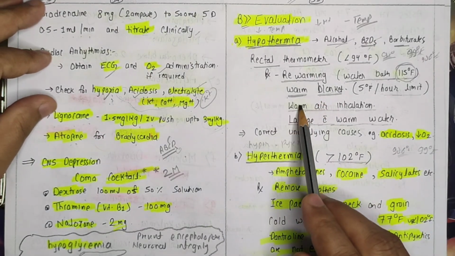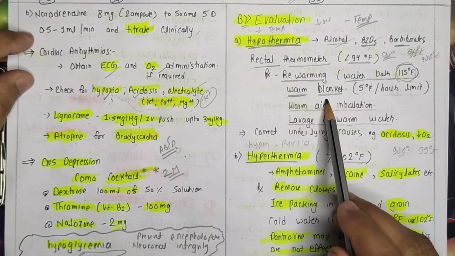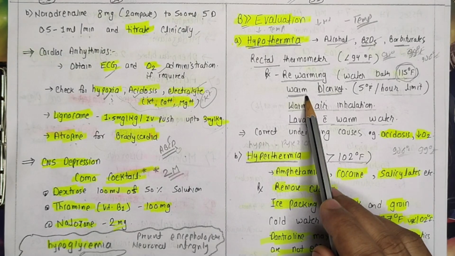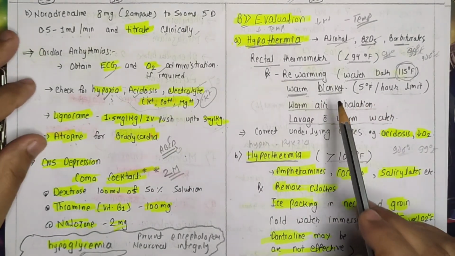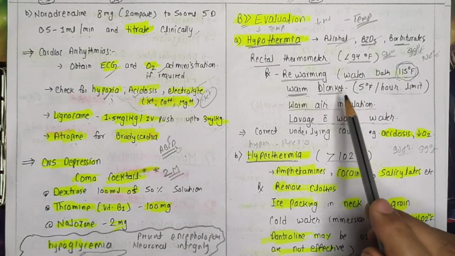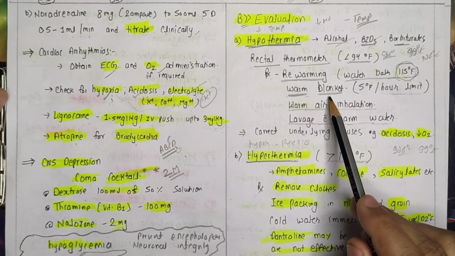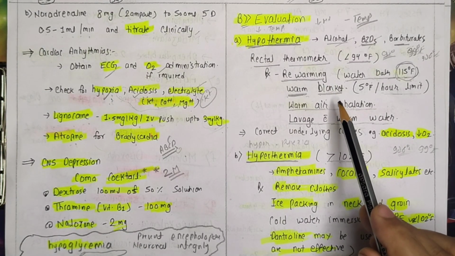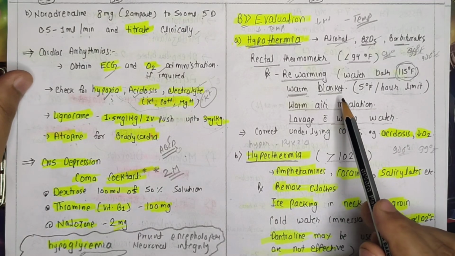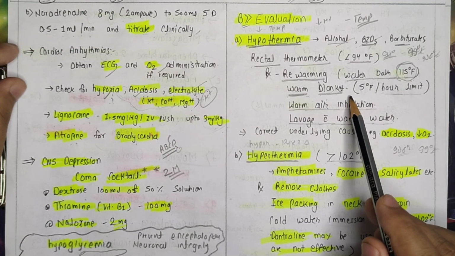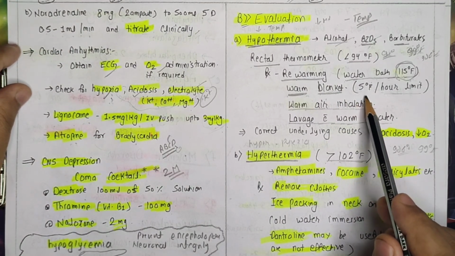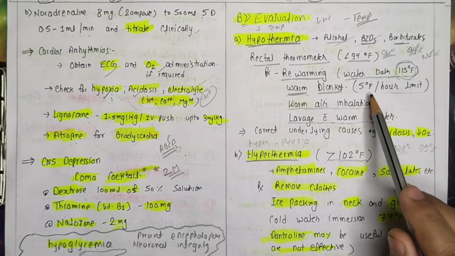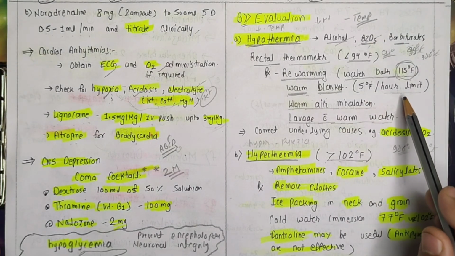Then another concept is the warm blanket. Nowadays we are getting electric blankets, or blankets which have water filled in them. We will use this warm blanket to increase the temperature, but a rapid increase of temperature is again fatal for them. So we will try to raise the temperature gradually, around 5 degrees Fahrenheit in an hour.